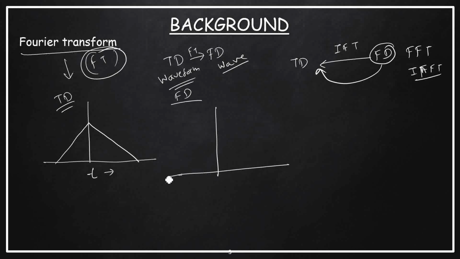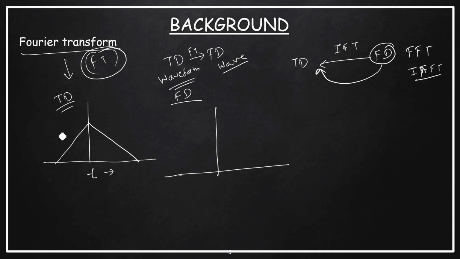It is very important to understand why, because later when I will be switching from time domain to frequency domain, you shouldn't feel like you are not understanding anything. That's why I'm discussing this part as a background of the filtering method.